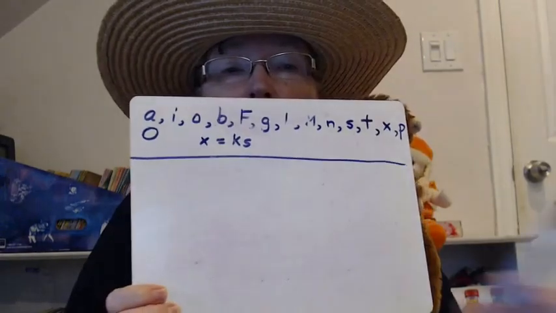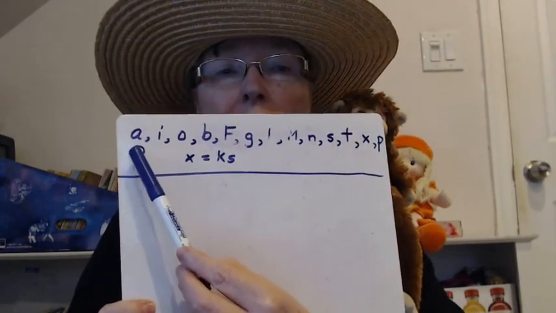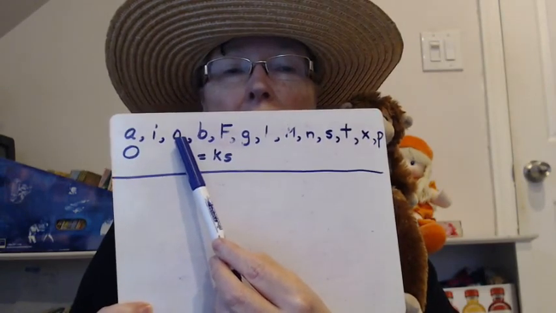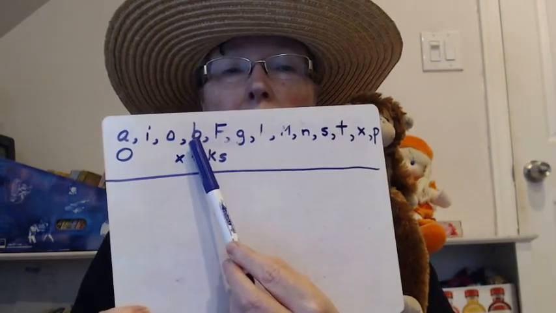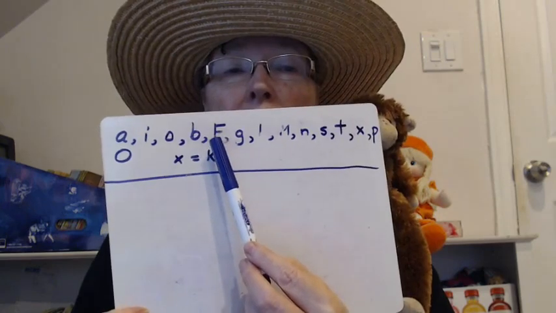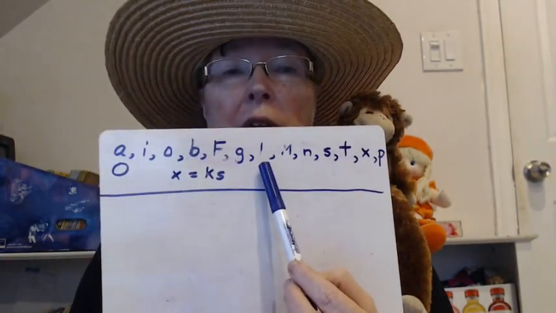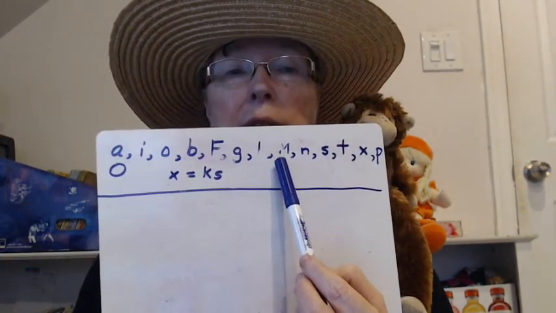All right, so these are the letters that we'll be using today in today's lesson. We have A, I, O, B, uppercase F, G, G. This is a little bit faded here, but we're going to live with it. L, U, uppercase M, and for some reason this sort of got erased, so I'm just going to have to fix it right now, as well as that L that you just saw.